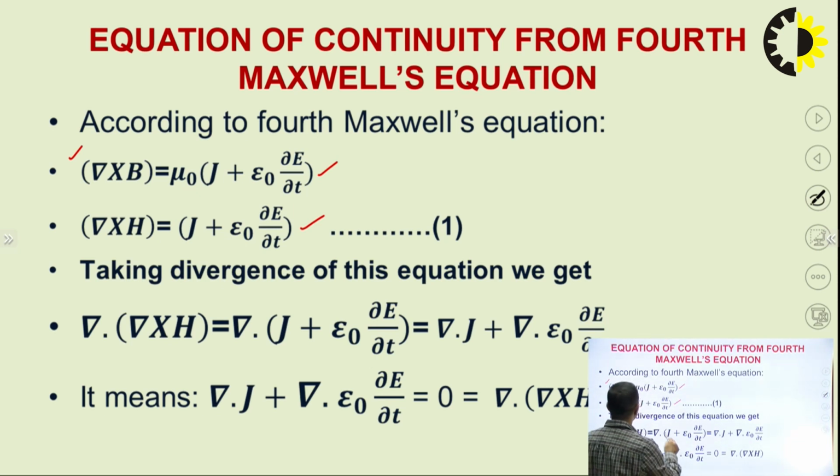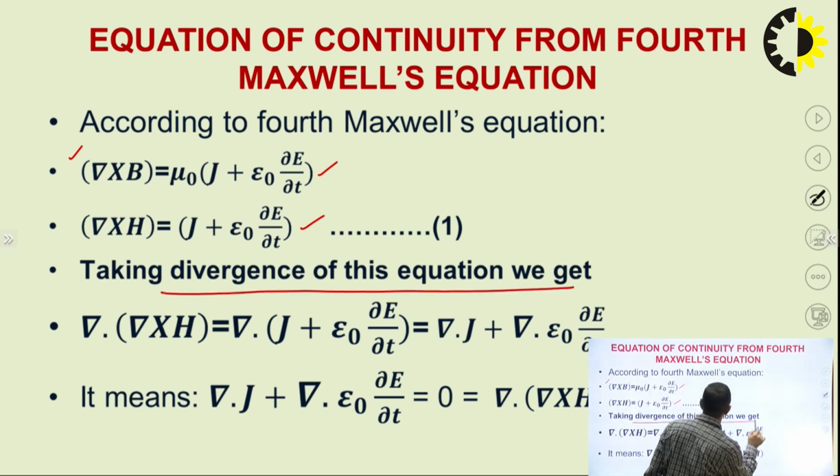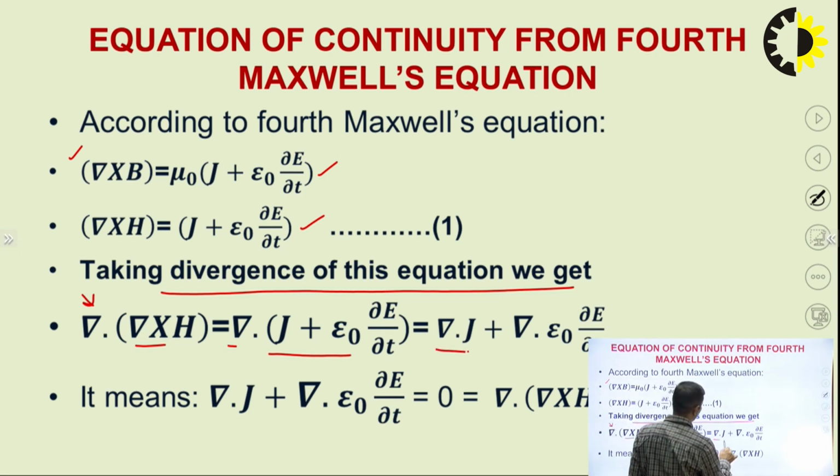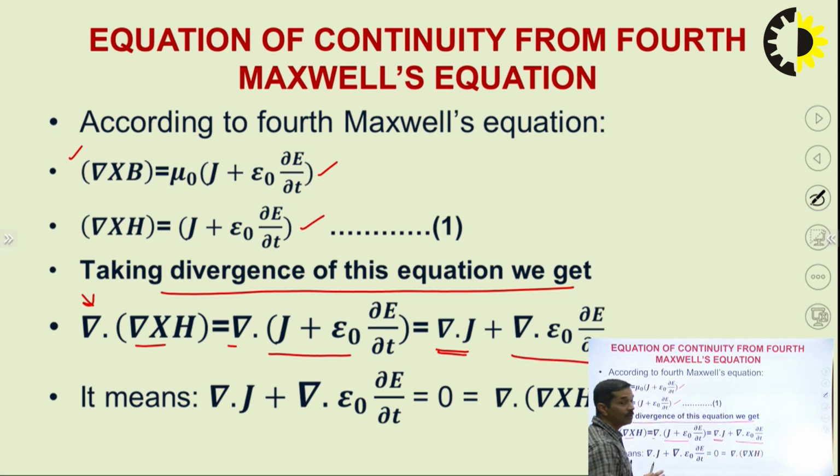Now taking the divergence of this equation 1, divergence means we take the dot product with the vector del. So del dot del cross H will be equal to del dot of this much, or if we open this, it becomes del dot J plus del dot epsilon naught dE by dt. Now we know the vector identity that the divergence of the curl of any vector quantity is always 0.